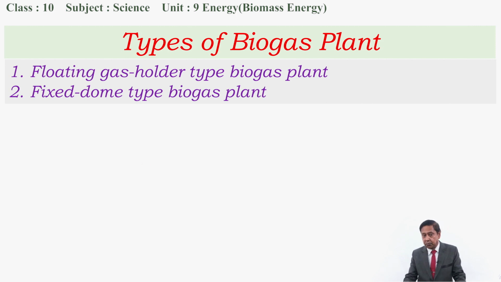That's why I don't want to describe the first in detail. The diagram of the second type, fixed dome type biogas plant, is given in your book. That's why with the help of this fixed dome type biogas plant, I want to describe how biogas is made. I mean to say how biogas is produced in a biogas plant.